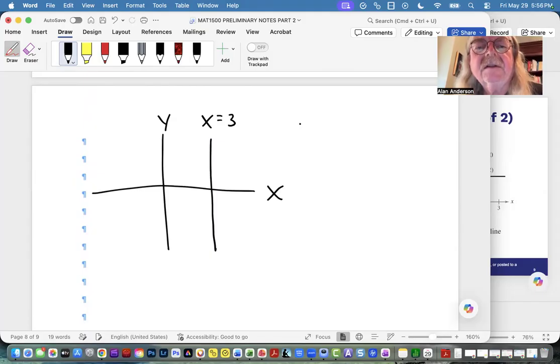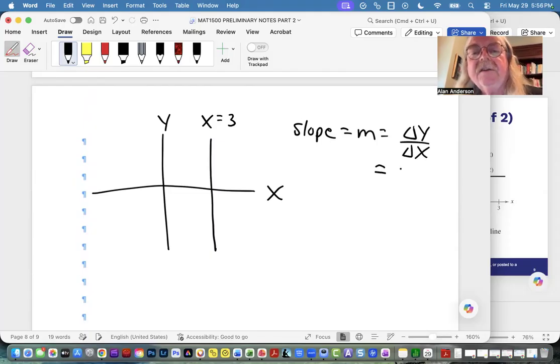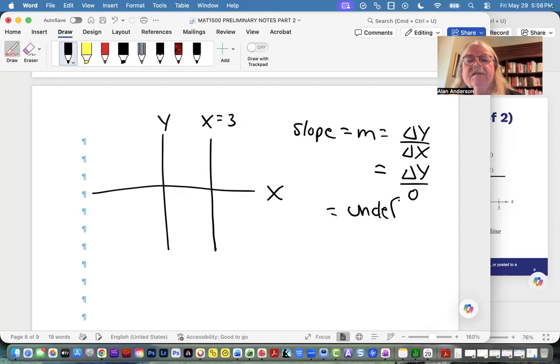So in this case, the slope, and if you notice, it's now the x that's never changing. Ooh, we have division by zero. There's one thing you're never allowed to do in math, it's divide by zero. So therefore, the slope is said to be undefined.